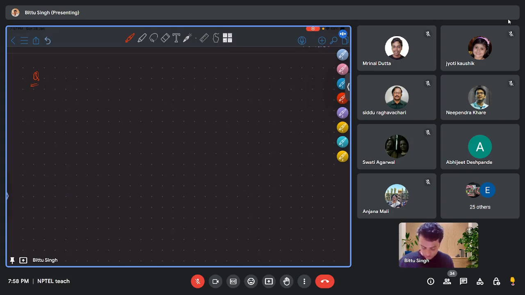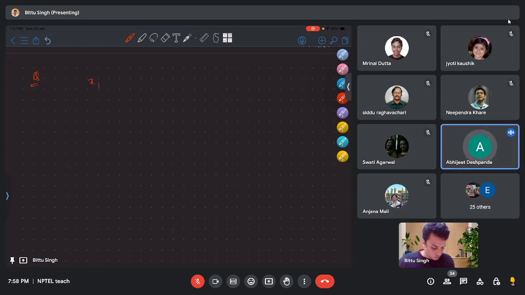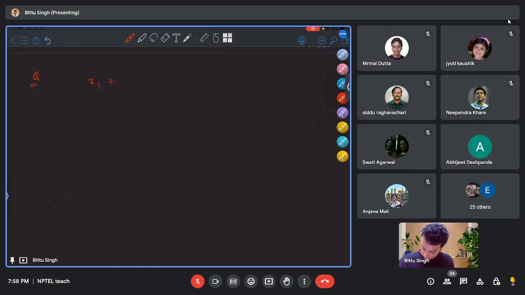The question says x1 plus 2x2 equal to 0, and 2x1 plus 4x2 equal to 0.